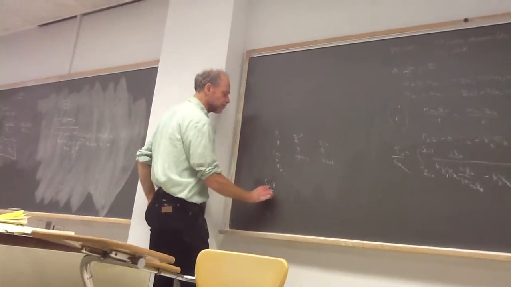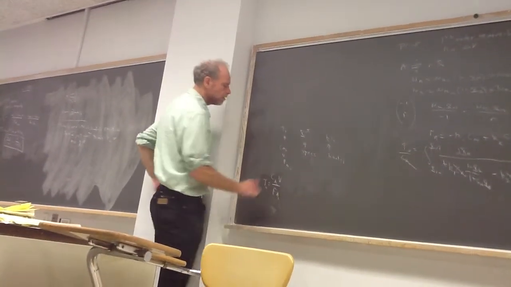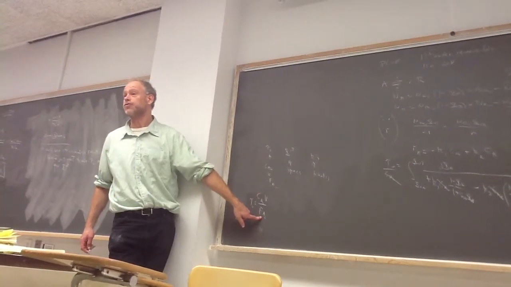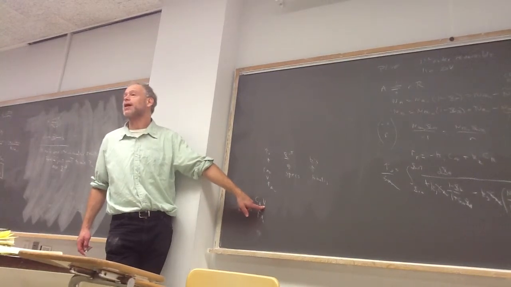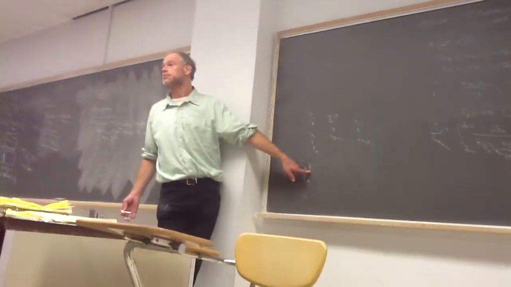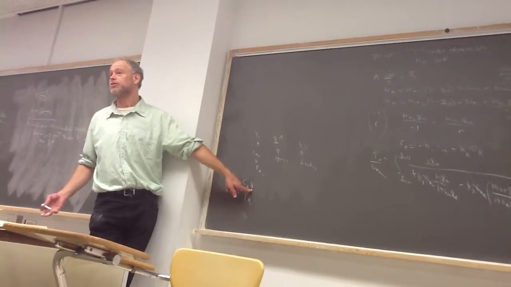Tau 0 is CA0 V over FA0. Minimizing tau 0 means produce the most product, the most flow rate, or do it in the smallest reactor. Why do I want to keep the reactor small? Well, the smaller the reactor, the cheaper it is to build, in general. A big reactor is going to be more expensive than a little one, which is more material.